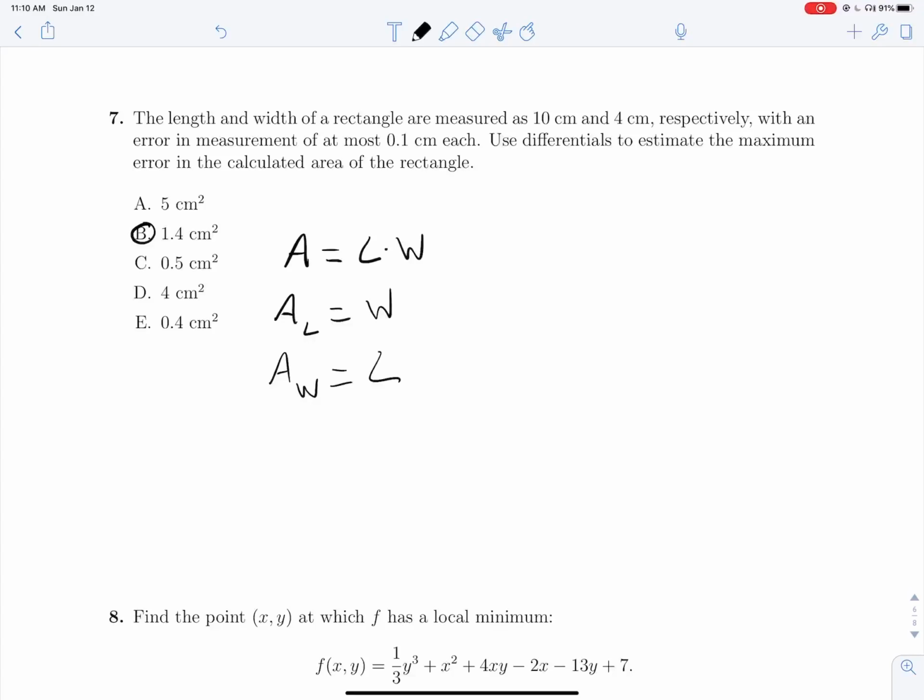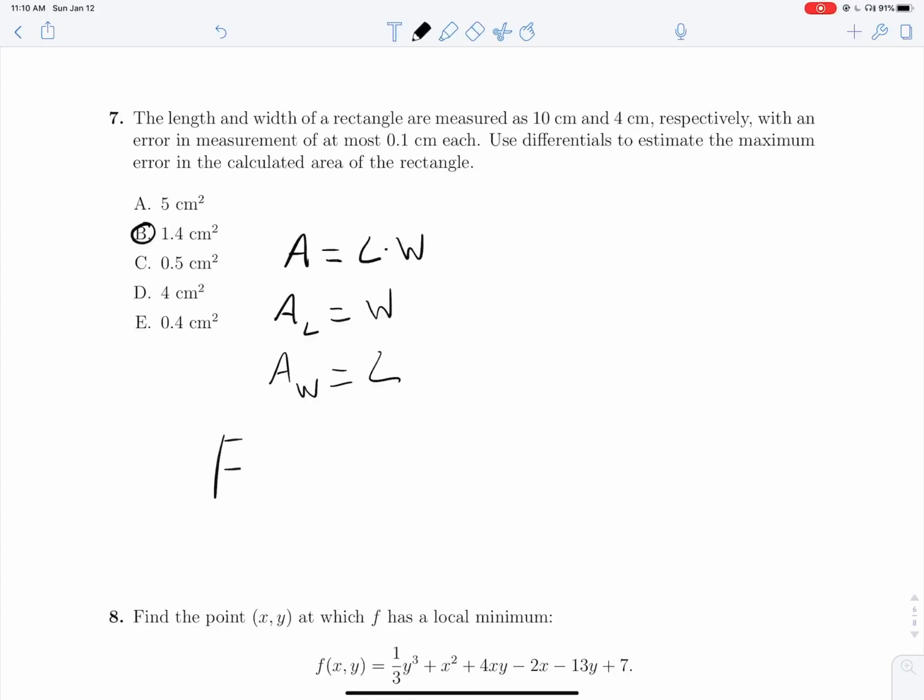It's been a couple months since I've tried a differentials problem, and this apparently disappears from my mind faster than these other questions, because a lot of the time you can just do this and cheat your way out of it, but sometimes they give you values that are a little annoying to deal with, and you've got to actually do the math.